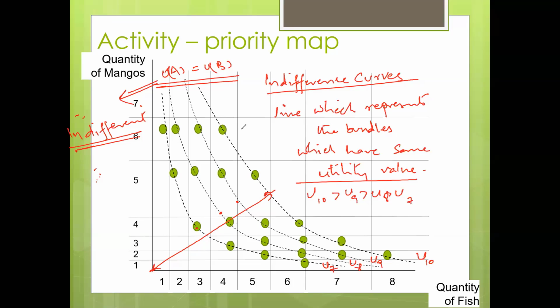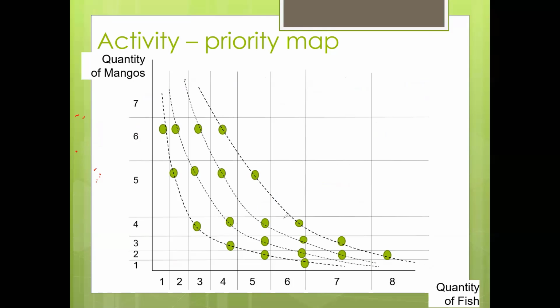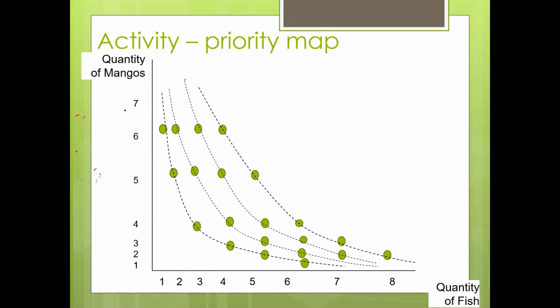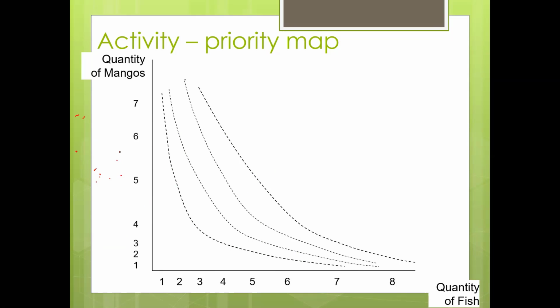And rather than showing all the dots, we only show the orbits, and the orbits show the same properties as the dots which are within the line, and the customer is trying to maximize the utility. So in real life, because there are infinite dots, rather than drawing dots, we draw the lines. So this is utility curve 7, this is utility curve 8, this is utility curve 9, and this is utility curve 10.